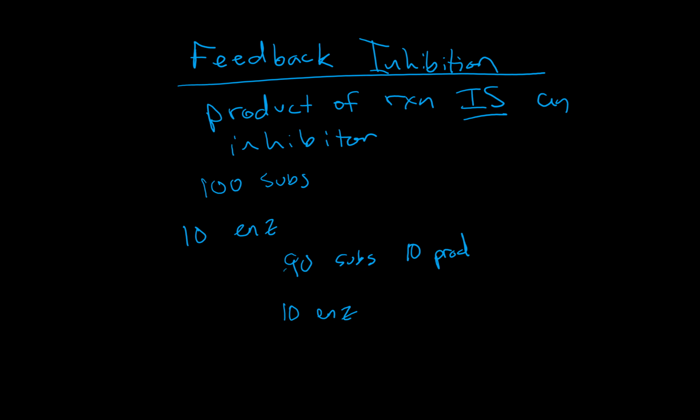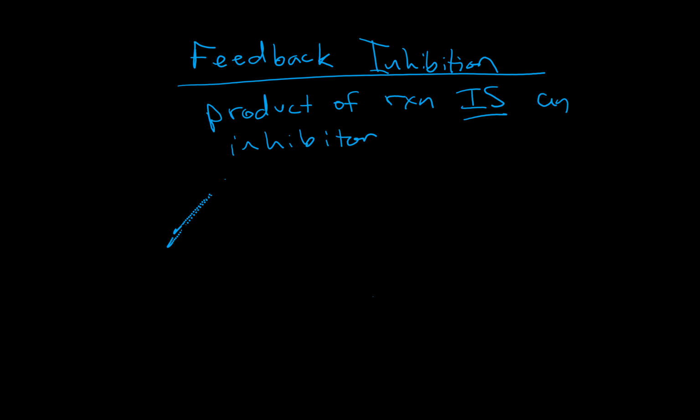And so maybe now you get 85, like 5 substrate bind and 5 inhibitors bind. And so now you have that, and then you're down to 5 enzymes. And so the more product you get, the more enzymes are inhibited. So in this case, instead of me just applying random numbers that aren't always helpful for people, think of it, we have our competitive inhibition thing here, right?